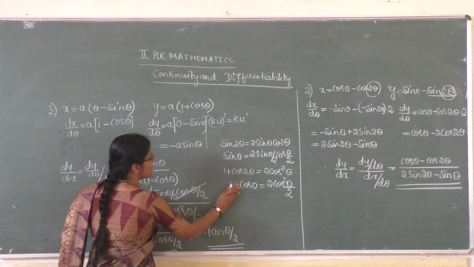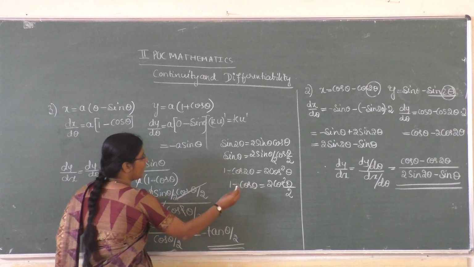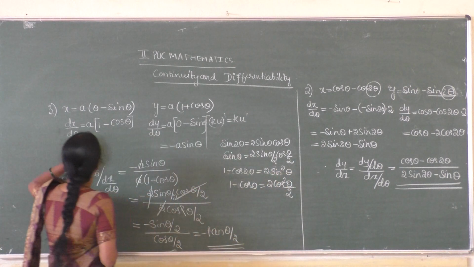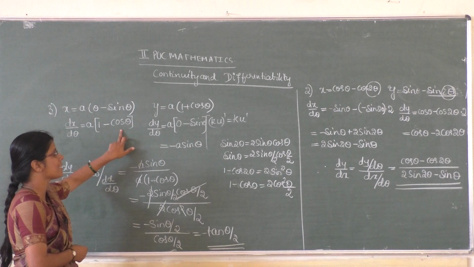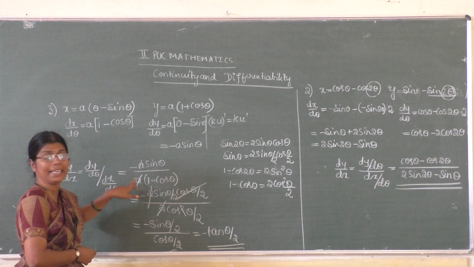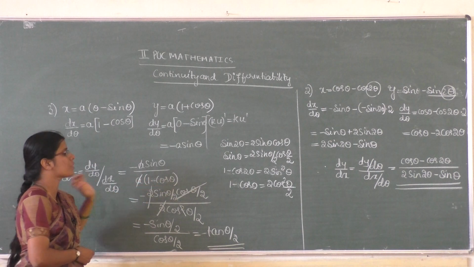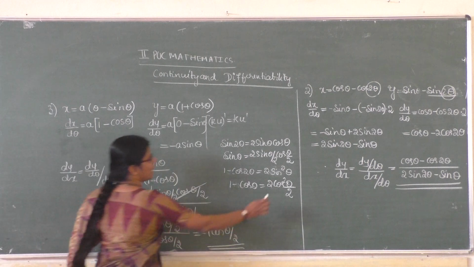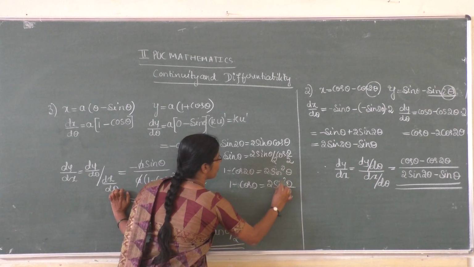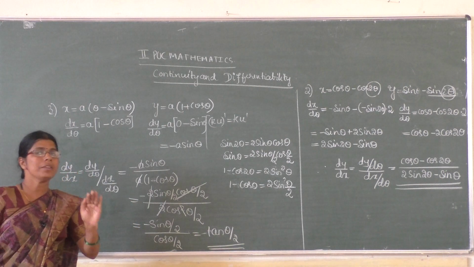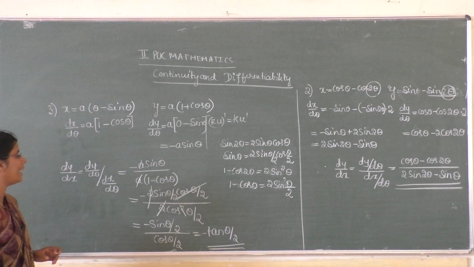So 1 minus cos theta means that is nothing but 2 sin square theta by 2. Okay, in the formula we have a into 1 minus cos theta. So here also minus a sin theta by a into 1 minus cos theta. So 1 minus cos theta is 2 sin square theta by 2 formula, because we have cos 2 theta is 1 minus 2 sin square theta.